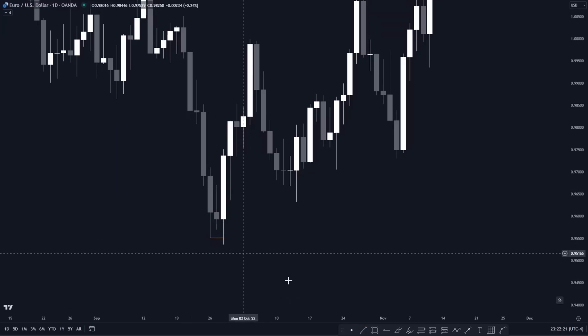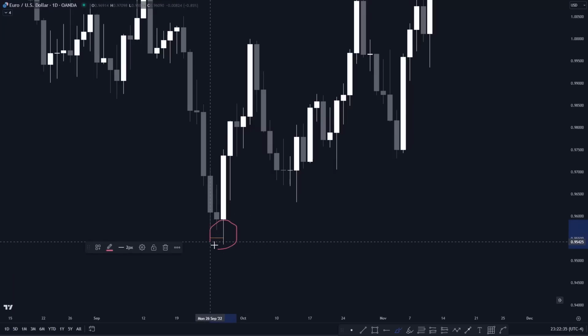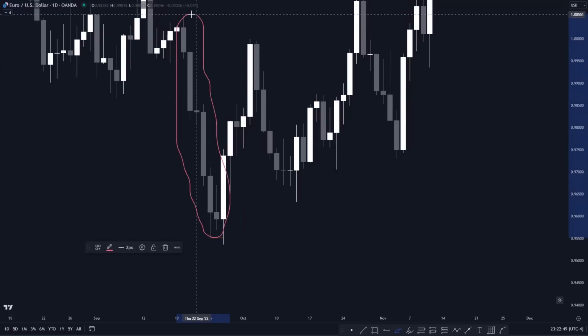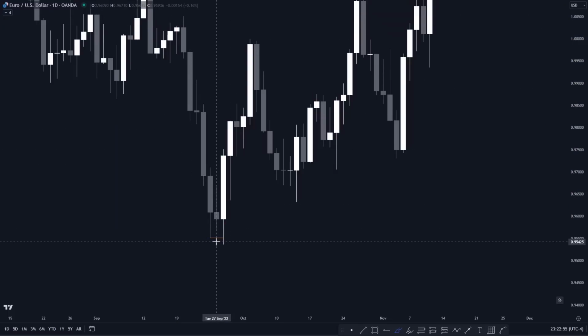When external is happening and we already know price is most likely reversing, why? If you can see here, it's literally a sweep and then price going up back into the range very aggressively. So we know that price is now going up. Now we do have this range, okay, price action range. Now we're going from external to internal.